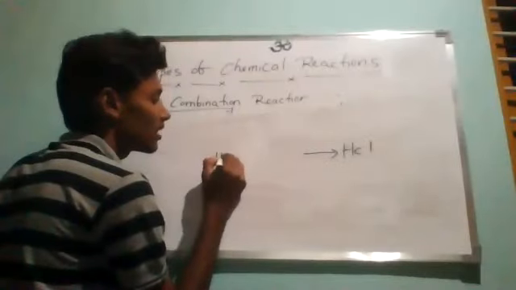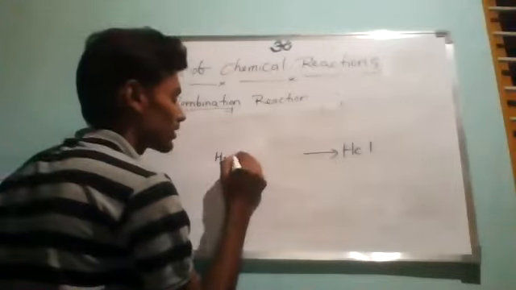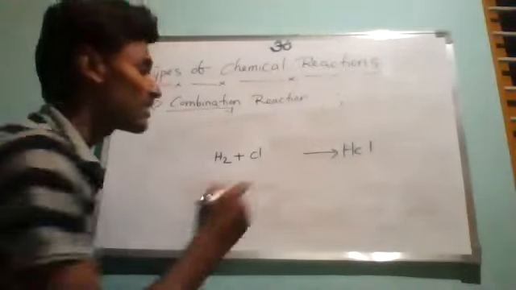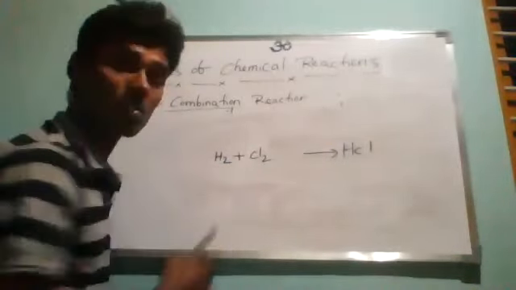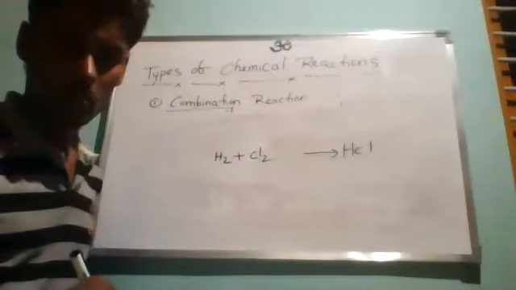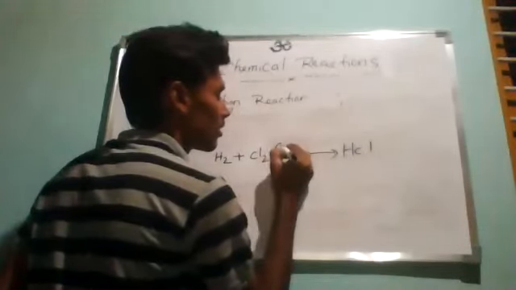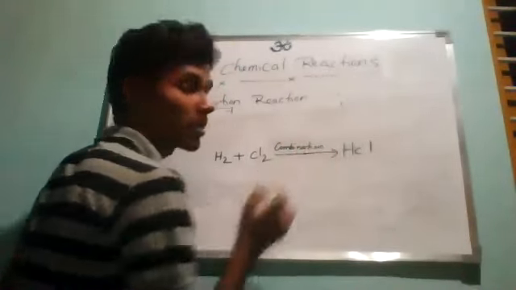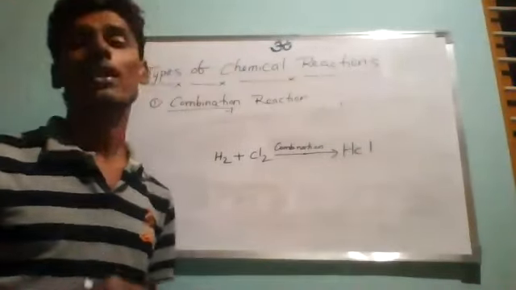Hydrogen is a diatomic molecule, so I will always represent H2, and plus I can represent chlorine, Cl2, because chlorine is also a diatomic molecule, and they combine together. You remember how I am writing more effectively, and they form hydrochloric acid.